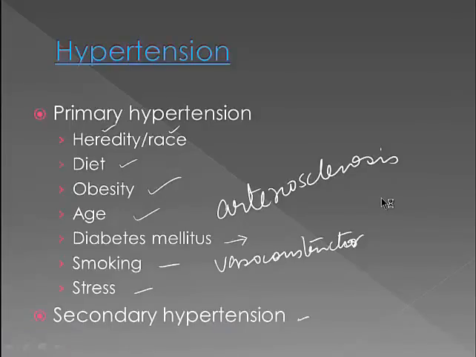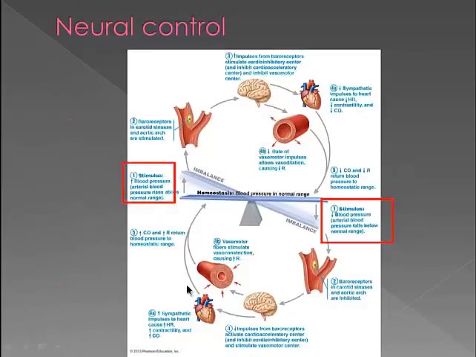So you can see how high blood pressure affects almost every organ of the body. So it's important to keep your blood pressure within normal range. And this is a very good slide which shows you, like I talked about, the neural control, the baroreceptor. So you can see if your blood pressure is high, if it goes above normal, the baroreceptors at this point are stimulated.